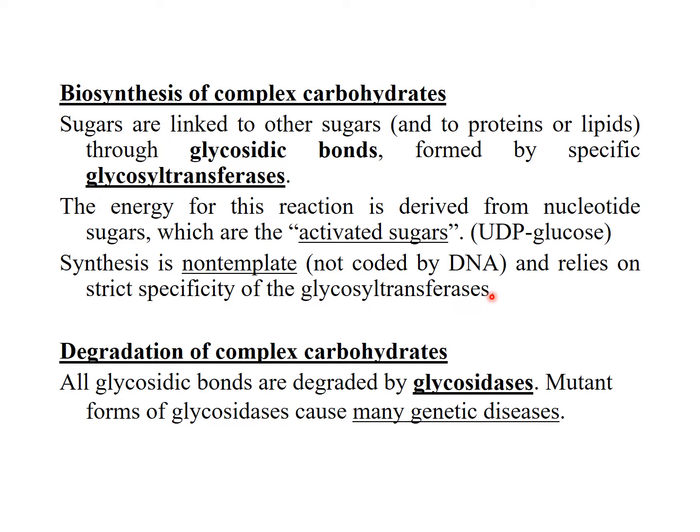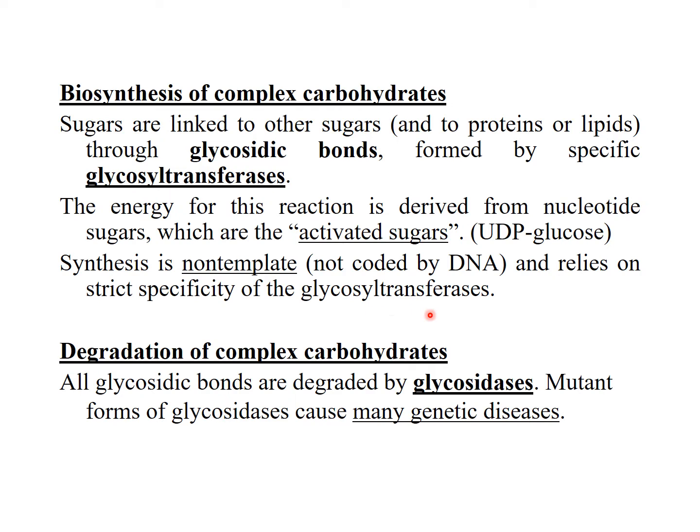Every glycosidic bond, every bond between two sugar units, or a sugar and a lipid, or a sugar and a protein will be catalyzed by a different enzyme. You may recall that for glycogen synthesis, which is not a modified protein but is a polysaccharide, we needed one enzyme to bind glucose units together, and then another one just for the branch point.